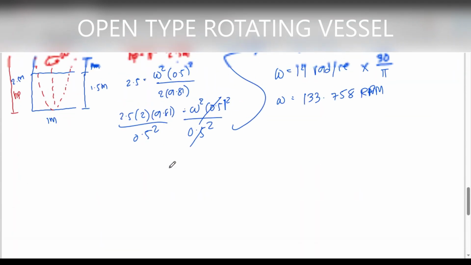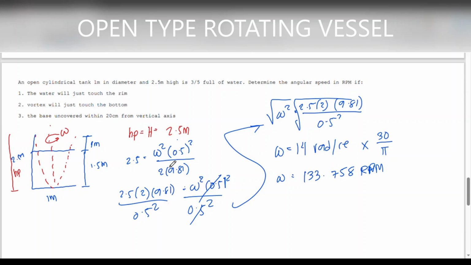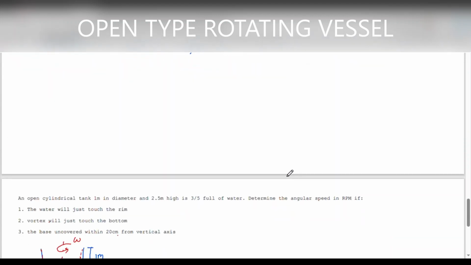So as we can go back with our last problem, the angular speed for the vortex that will just touch the bottom is 133.758 revolution per minute.